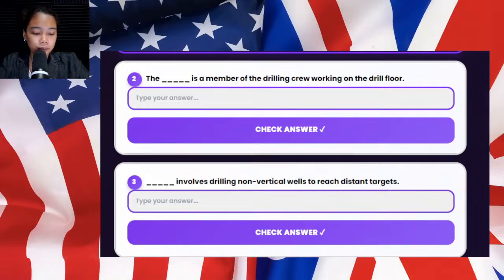Go. Okay, now what is the answer for number two? Again, the blank is a member of the drilling crew working on the drill floor.